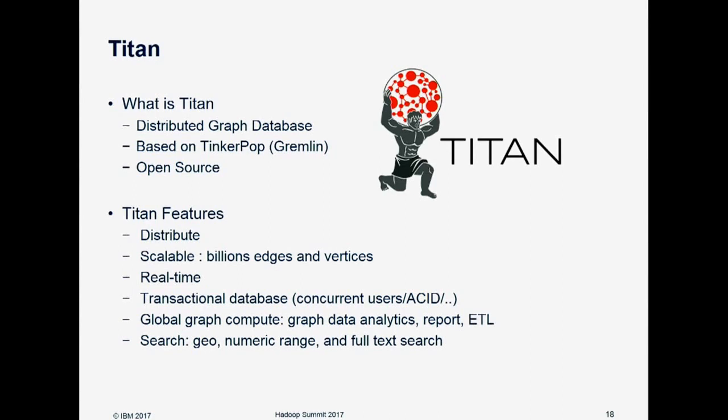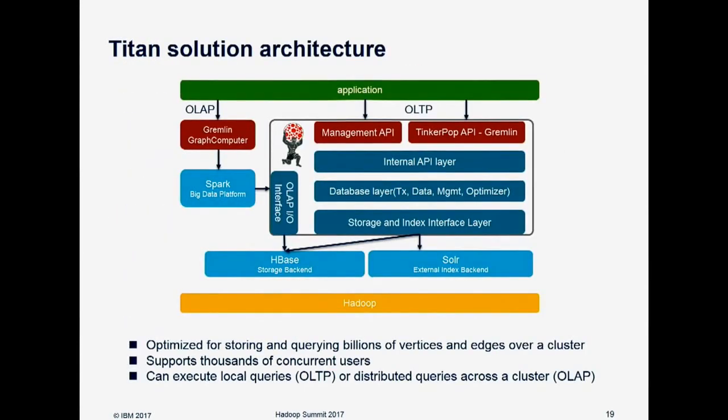It supports transactions, and it supports different search: geo search, geospatial, numerical range, and full text search. So basically, Titan is a graph database that is built for big data. It can support millions of vertices and billions of edges. The edges are relationships. Remember, the edges are the relationships between the vertices.